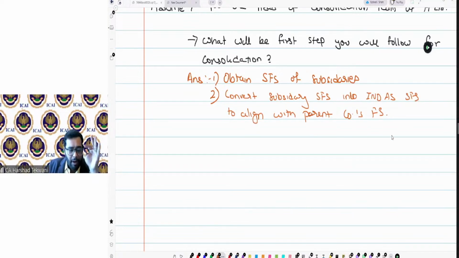Now, one very important question that I have here with respect to point number two. Why do I want to align with the parent company's financial statement and policies?